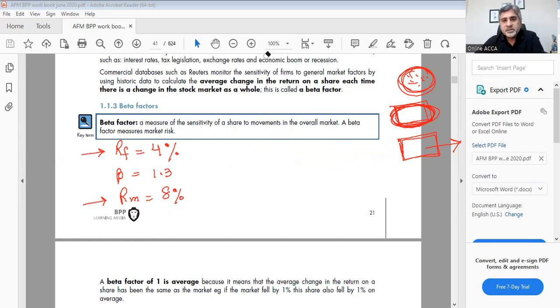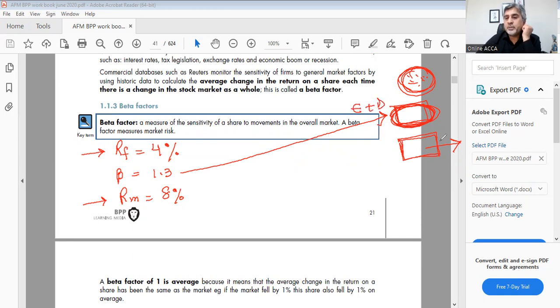The problem is that this beta, which you have told me for this company, is a geared beta because it has equity plus debt.